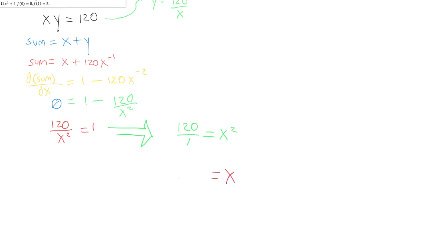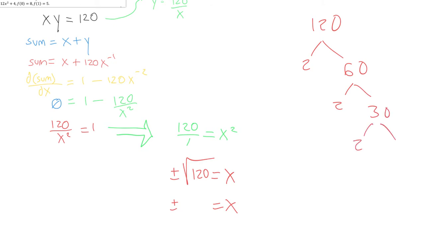plus or minus the square root of 120, and that would simplify into, well, let's see, 120, 60, 30, 15, 3 and 5.